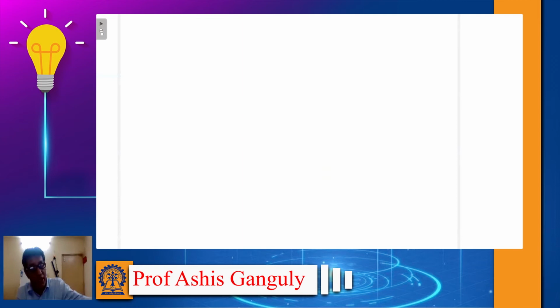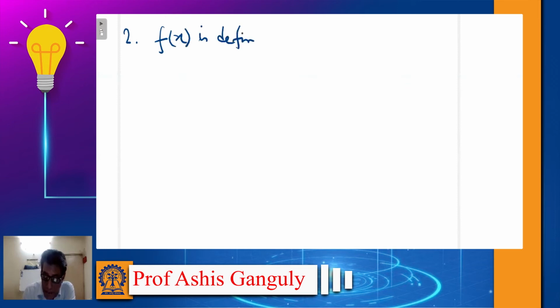Another special case is, the function may not be defined on a 2 pi length interval. Maybe it is defined on a half length interval. So suppose f(x) is defined on 0 to pi. Of course, not periodic.